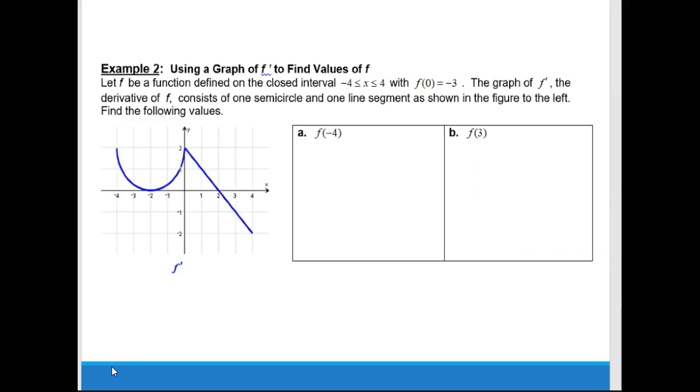Okay, in example 2, it says use a graph of f prime to find f. So again, we have a semicircle and a line segment. So if I want to find f of -4, I want to find the value of the area under the curve.